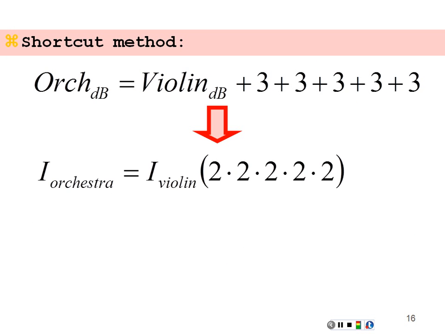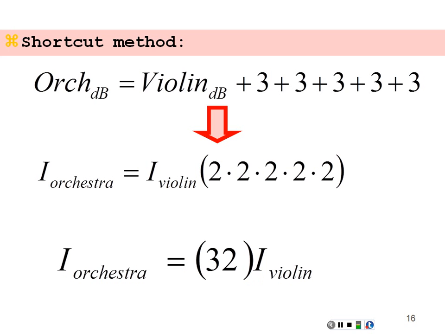That would correspond to the intensity of the violin times 2, times 2, times 2, times 2, times 2, 5 times for that. 2 to the 5th is 32. So the intensity of the orchestra is 32 times the intensity of the violin. That's a shortcut method, and it's basically saying that I have 32 instruments in the orchestra, 32 times the intensity of one single instrument. The other way is more exact, but this way is quicker if you had to make a calculation quickly.